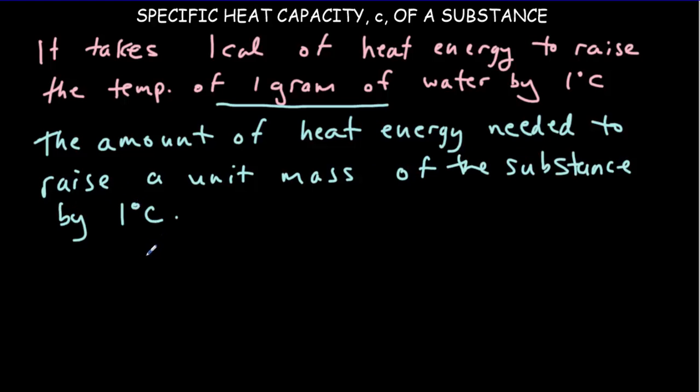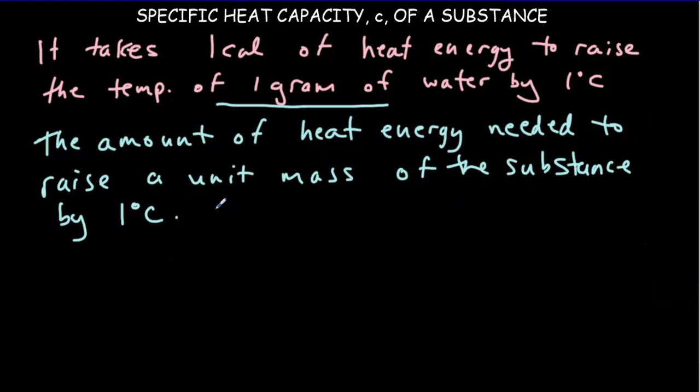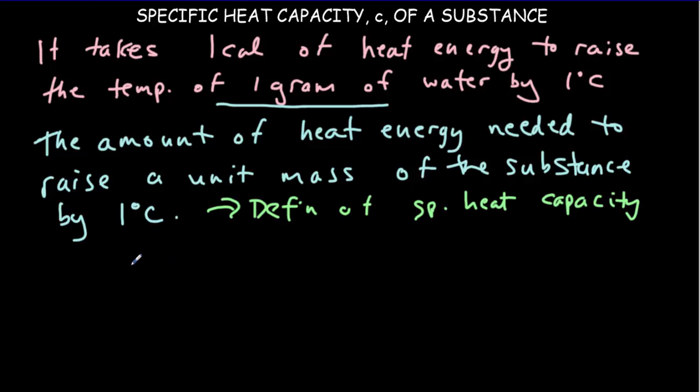That could be 1 degree Celsius or 1 Kelvin. So this here is our definition of specific heat capacity. Generally, we use a small letter c to represent the specific heat capacity, and it's equal to the amount of heat added divided by the mass of the substance divided by the change in temperature.